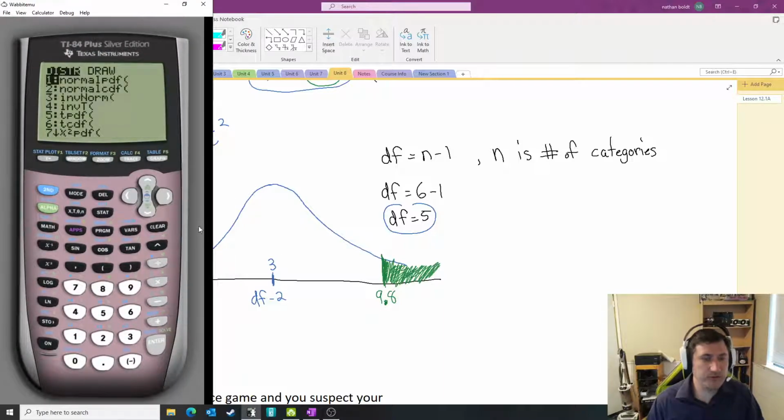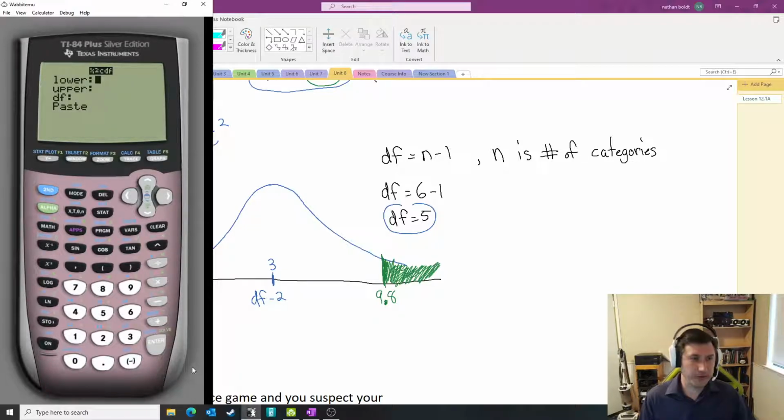Second distribution, not the PDF, the CDF. There it is, the chi-squared CDF. It's got that little squiggly X looking thing. The calculator does as best it can with the few pixels it has. That is the chi-squared CDF.